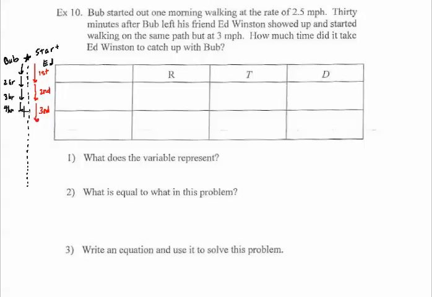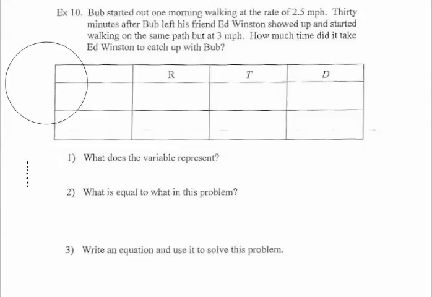So based off of our picture, which we didn't draw accurately, so you can't really go by the picture, but if you were going to take this at face value, then we would say that Ed is going to pass Bub between the second and third hour. Okay.